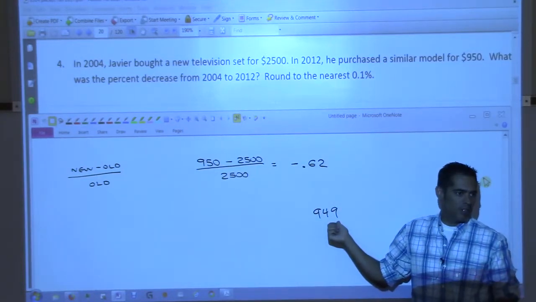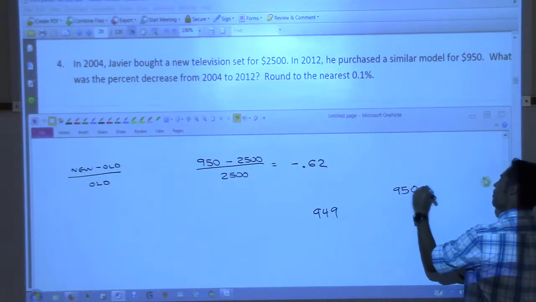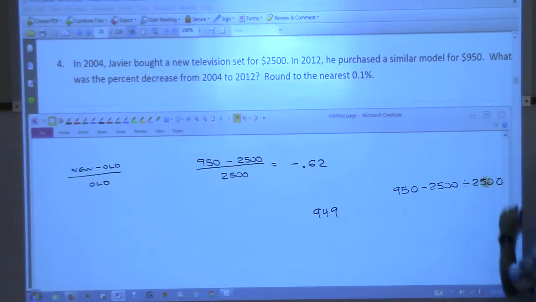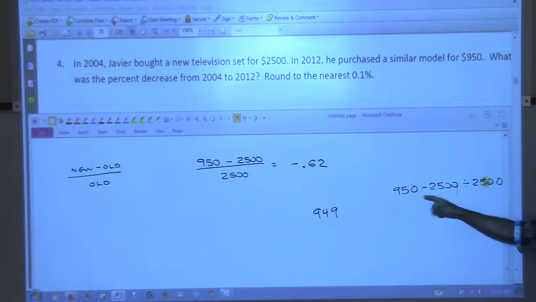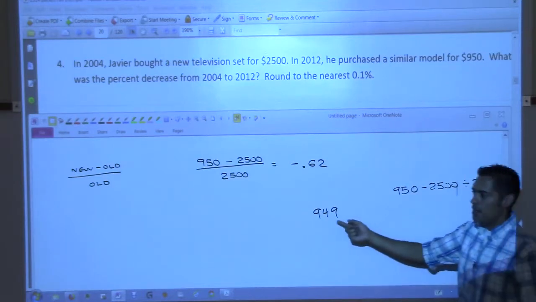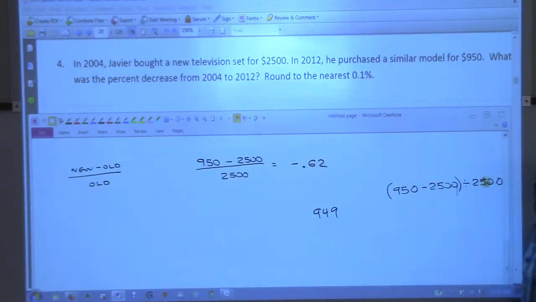And it's wrong because if you type it in like that, your calculator is going to do division before it does subtraction. So it's going to divide these two first, and that's just 1. So it's going to go 950 minus 1, and you're going to get 949. So if you want to type it all into your calculator at one time, you have to put this in parentheses. So just be careful.